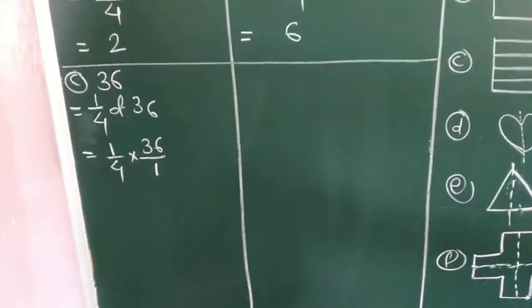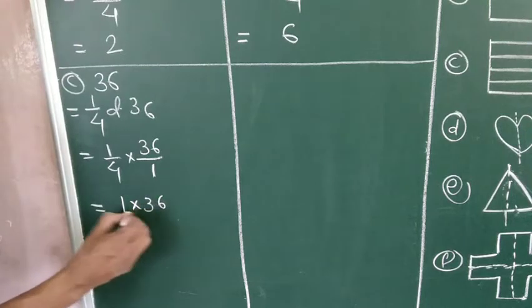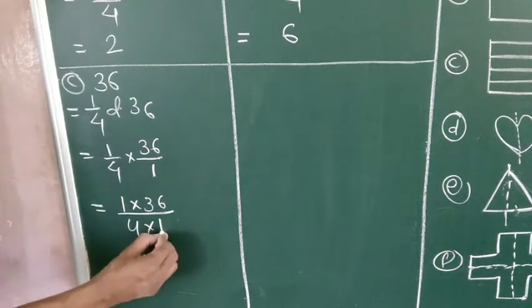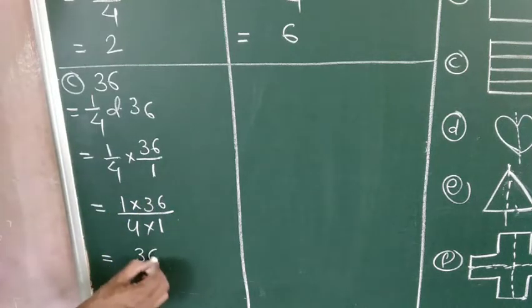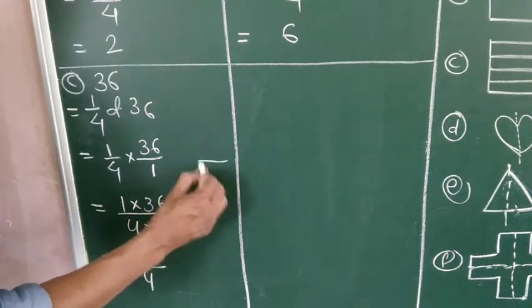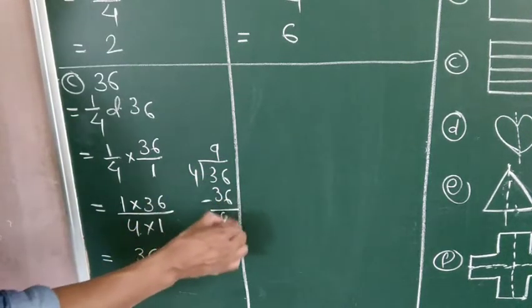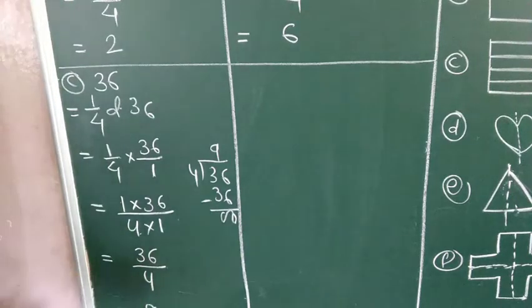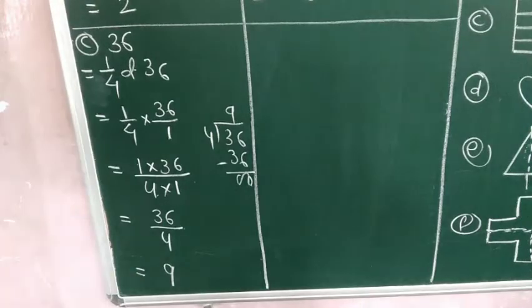See 1 into 36 and then 4 into 1. 1 into 36 is 36 and 4 into 1 is 4. Now divide 36 by 4. 4 nines are 36. So our answer is 9. So 9 is quarter of 36.